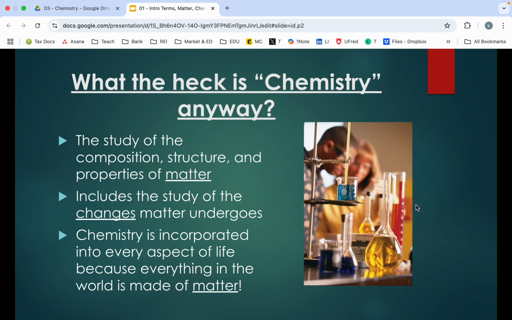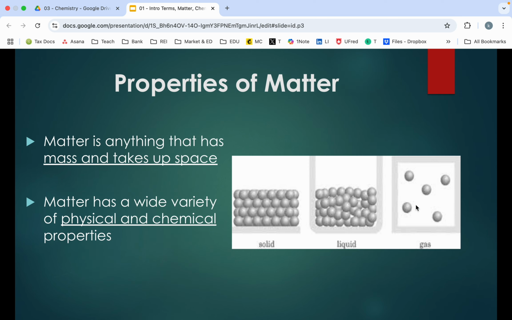It's maybe a little bit harder to see around you than physics is, but only because it's on a smaller, usually, level. So we're talking about molecules and atoms that you don't walk around and see with your naked eye. Whereas structures of buildings and things like that, you can.